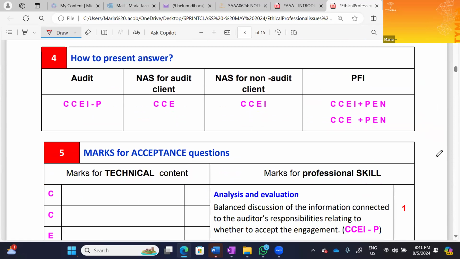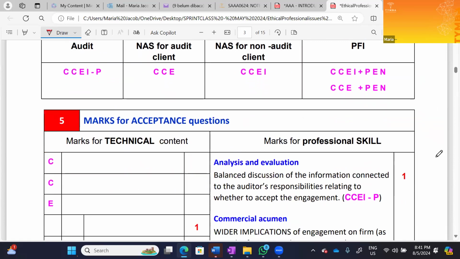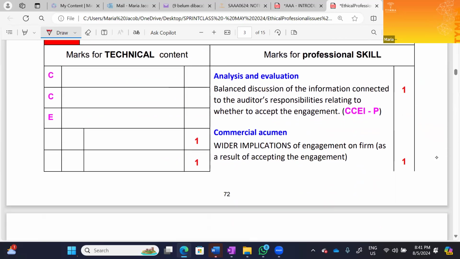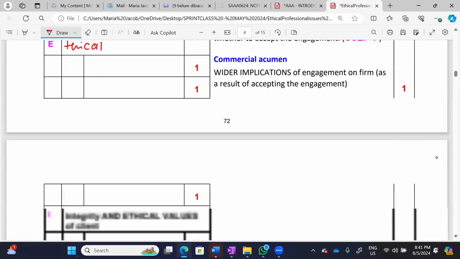So if it is an audit question, you want to remember CCEIP. So what does CCEIP mean? You will need to consider the competence, you will need to consider the capabilities. You will need to look into the ethical factor.